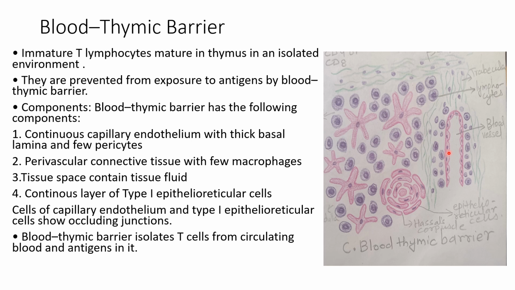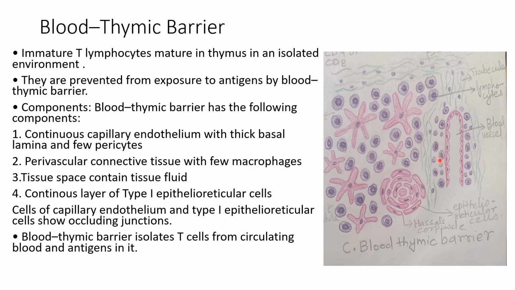continuous capillary endothelium, then the thick basal lamina on which the endothelium is resting. It also has a few pericytes. Then this is the perivascular space, and the tissue space contains tissue fluid. Then there is a continuous layer of type 1 epithelio-reticular cells.